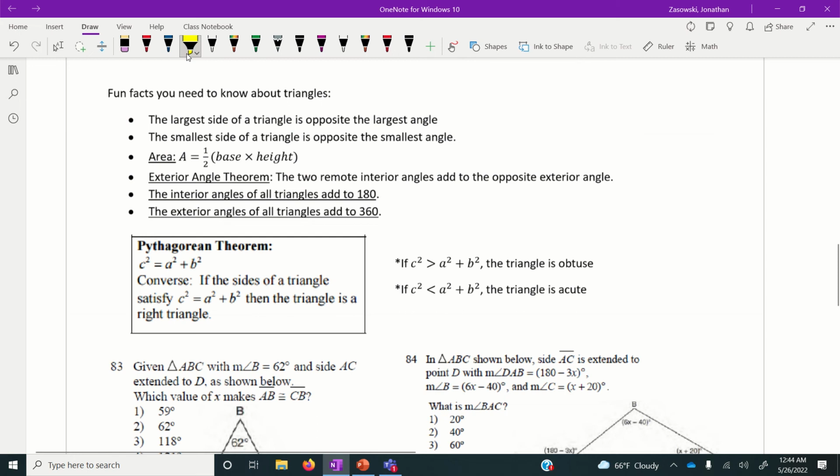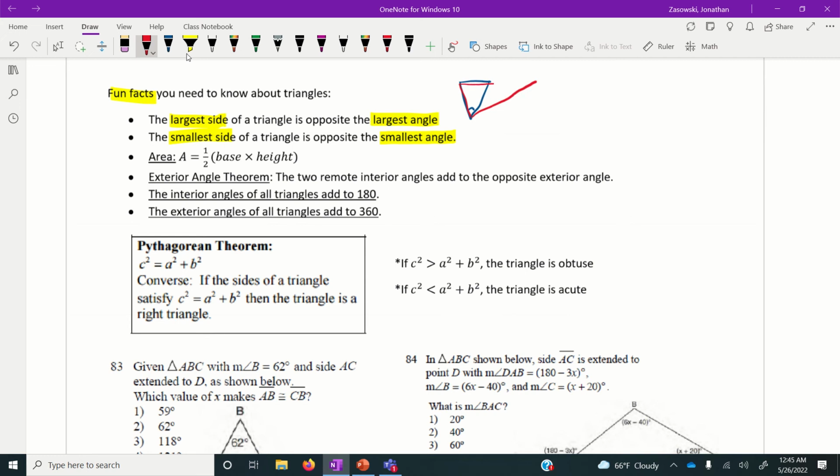All right, so quick stuff. Some fun facts, or highlights for you guys, about triangles. Number 1, the largest side of a triangle is always across from the largest angle, and the smallest side is always across from the smallest angle. So you can think of it this way. If I have a triangle here and I want to increase the value of this angle, what I can do is stretch this angle out so it increases.